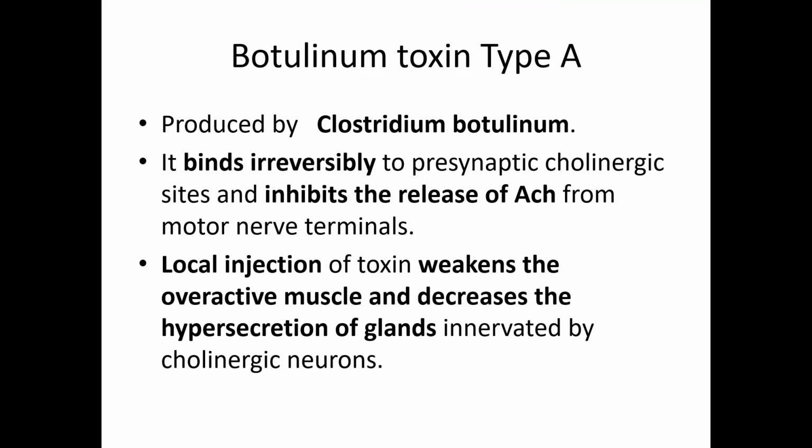It irreversibly binds and inhibits the release of acetylcholine from the motor nerve terminals. Local injection of botulinum toxin weakens the overactive muscle and decreases the hypersecretion of glands innervated by cholinergic neurons.